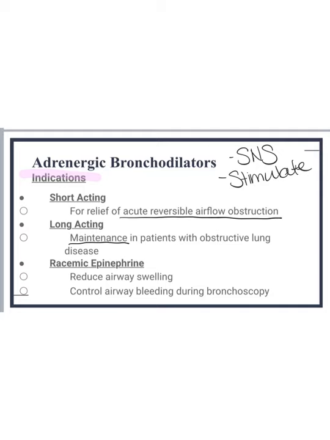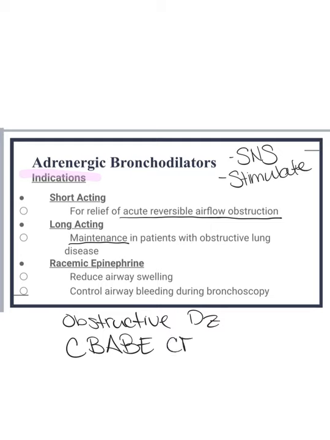And when you are in your disease class with Derek, which you are starting pretty soon, how I remember obstructive diseases is C, babe, CF.